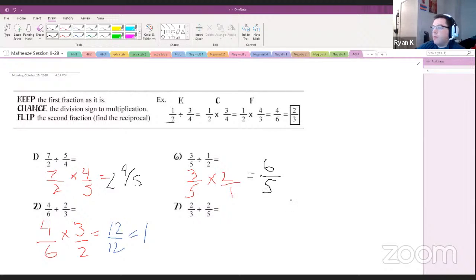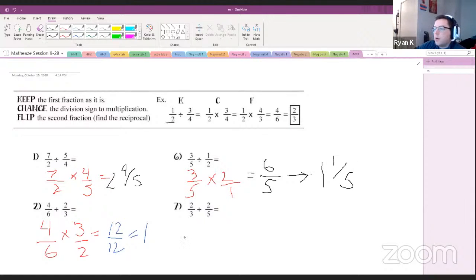It's gonna give us 5. And we're gonna reduce this down. 5 can go into 6 one time, so we got 1, and we have a remainder of 1 over 5. We can always check this. 5 times 1 is 5, plus 1 is 6. Yep, 6/5.